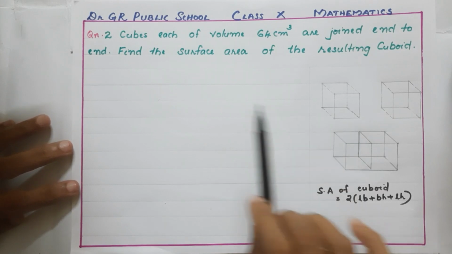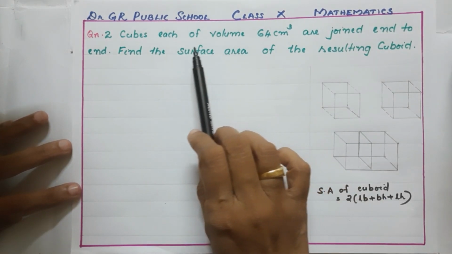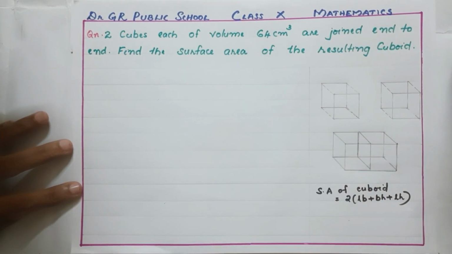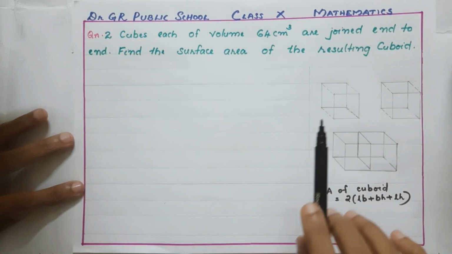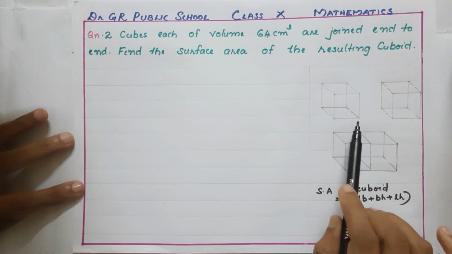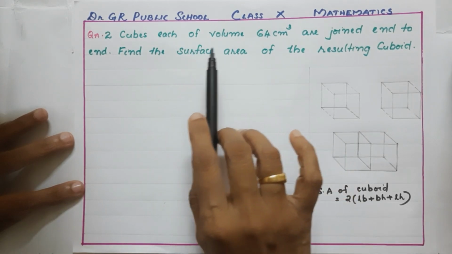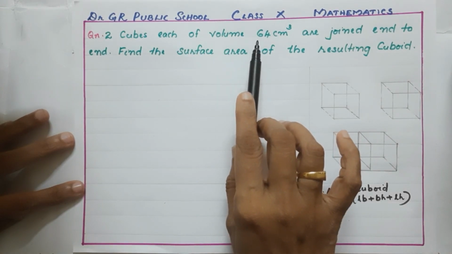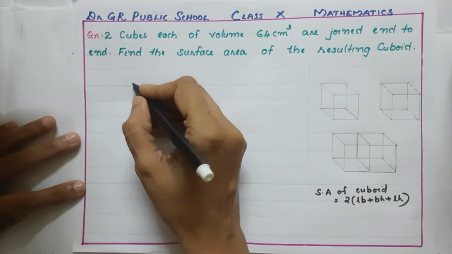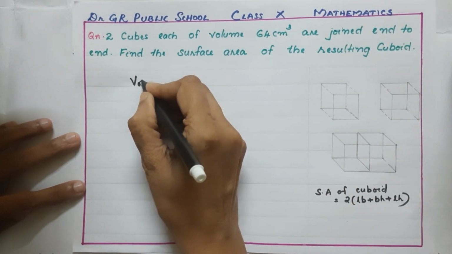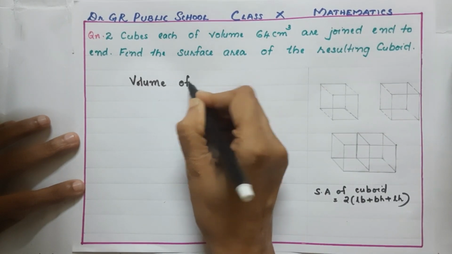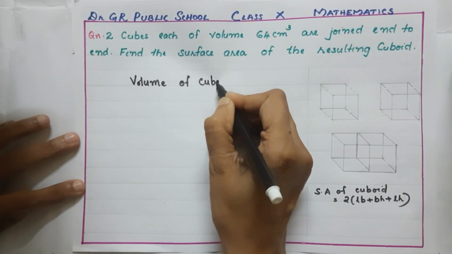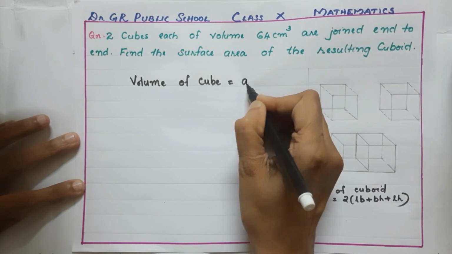Is it given? No. For that, what is given? Volume is given. So from the volume of a cube, how will we get the edge? What is the formula for the volume of a cube? Volume of cube is equal to a cube.